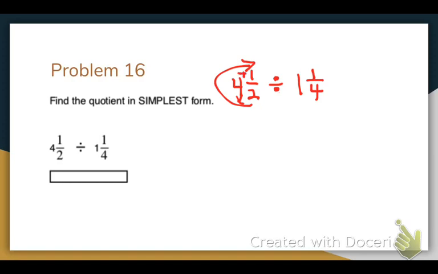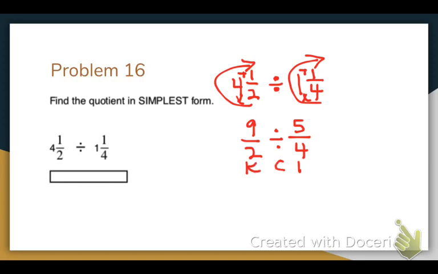This is going to become 9 over 2 divided by 4 times 1 is 4 plus 1 is 5, 5 over 4. Now I keep change flip. So 9 over 2 times 4 over 5.